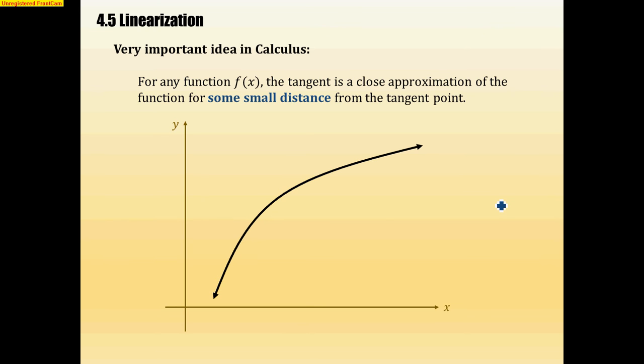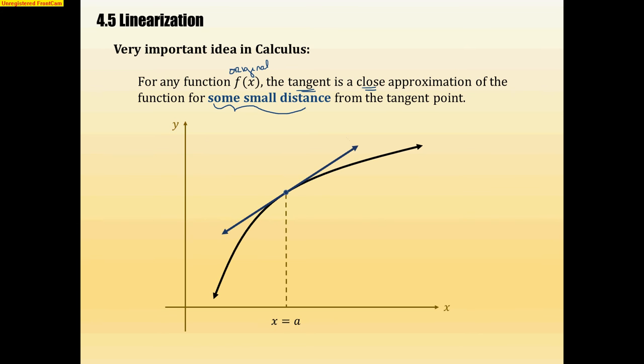So again, just another drawing for any function f of x. Its tangent line is a close approximation of the function as long as you are a small distance from the point of tangency.